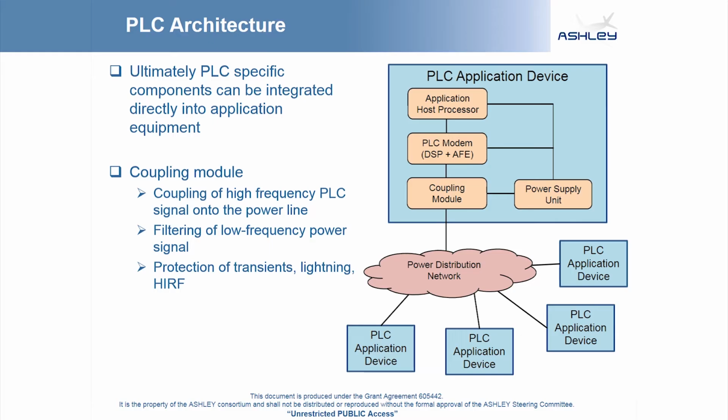In addition to the coupler, the PLC modem consists of two main components: a protocol chip, or even chips, upon which the PLC protocol is realized, and an analog front end, which provides digital and/or analog conversion and signal amplification. The protocol chip then provides one or more interfaces to the application host processor, providing data transmission services for the host.